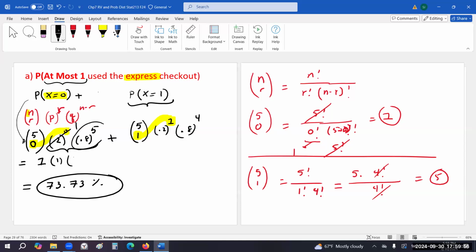And then the main thing is, what is 0.8 to the power 5? 0.328. And here we know this is 5, this is 0.2, and what is 0.8 to the power 4? 0.409. Okay, so you add this plus that. But when you add this, first you need the multiplication here. And this is 1, not 2. My 1 always looks like 2.